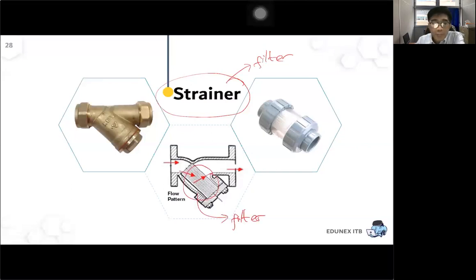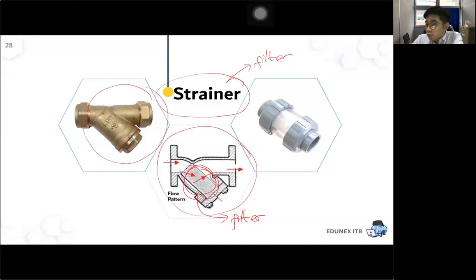In the outer part it looks like this, the inner part looks like this. Then during the flow, if there is some solid particle flowing together with the gas or with the liquid, in the filter part, the solid will be retained. So the flow pattern will be changing inside the strainer.